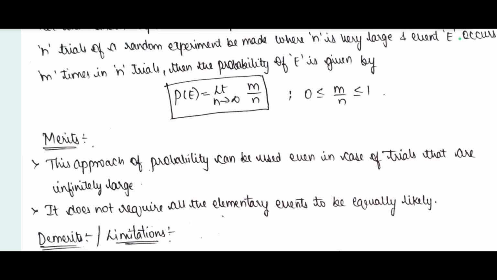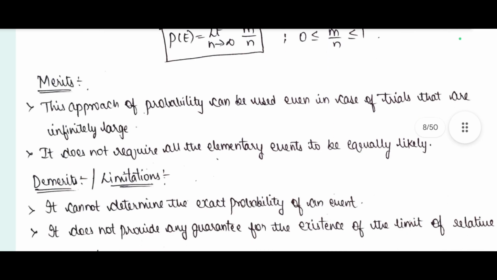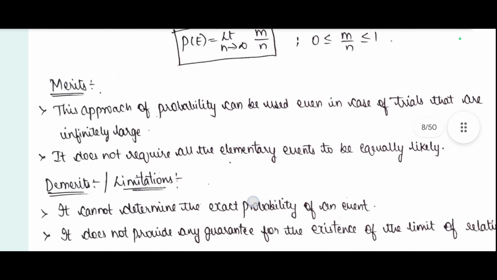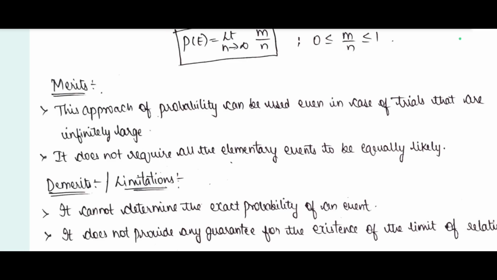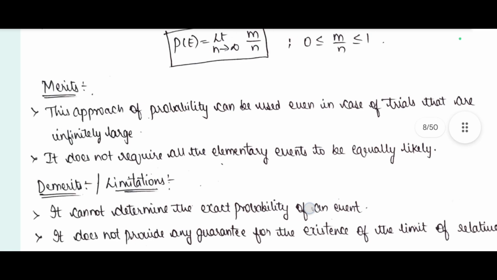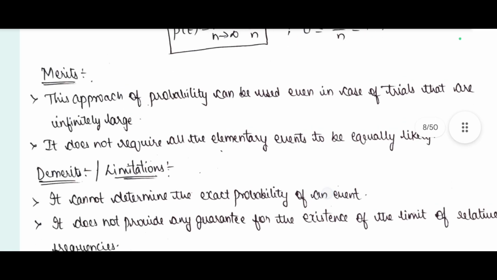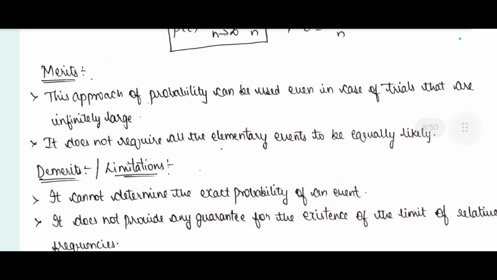But the probability always lies between 0 and 1. The merits: this approach can be used even in the case of trials that are infinitely large, and it does not require all the elementary events to be equally likely.